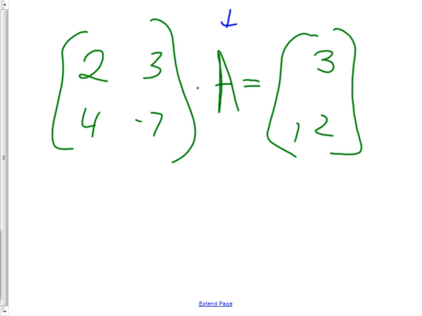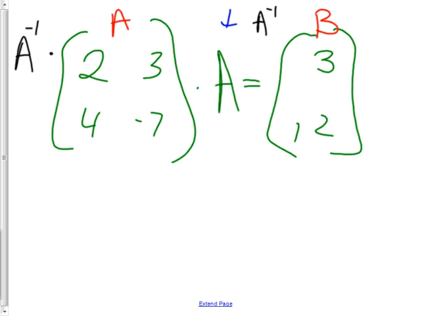I'm going to call it matrix A, and we're going to call this matrix B. To get rid of matrix A, we need to multiply by its inverse. We can call that A's inverse. That's how you say inverse, with a little -1. If I do inverse of A on this side, then I have to do inverse of A on the other.